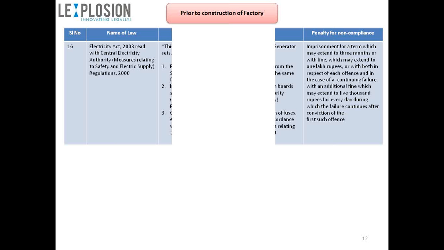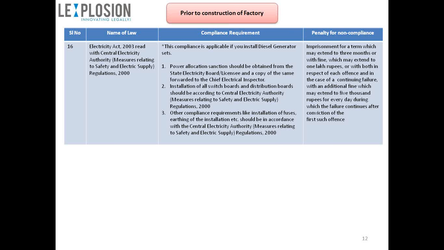You also need to ensure that you install switchboards and distribution boards wherever necessary in accordance with the law. You also need to meet other compliance requirements like installation of fuses, earthing of the installation, etc. in compliance with the law.